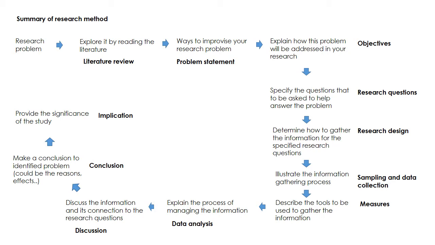So once you have an understanding of the problem from people's research, the next step is you have to improvise on your research problem. You start your research with an idea or with a problem, but you look at the literature, people have already explored it. Maybe there are some areas that they have left out, and you are trying to address those issues.